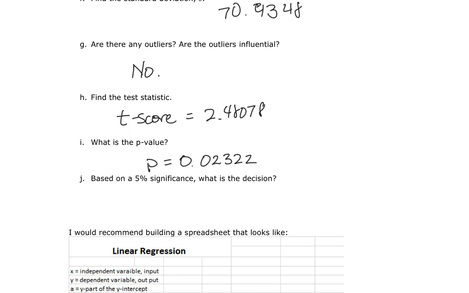And based on a 5% significance, in other words, I'm looking at my alpha as being 5%, here's my p-value. There is sufficient evidence to conclude that there is a significant linear relationship between the percent of Americans living at or below the poverty line and cellular usage per capita, because the correlation coefficient is significantly different from 0 for the population.